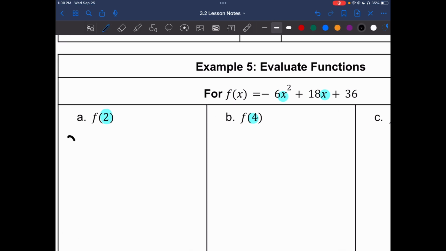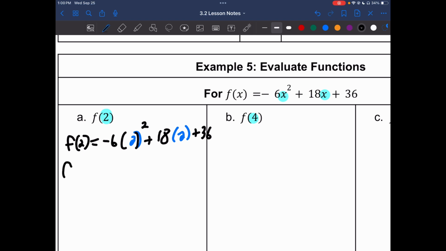We're going to do f of 2 is equal to negative 6 times, we're going to substitute in 2, and we're squaring it, plus 18 times 2 plus 36.